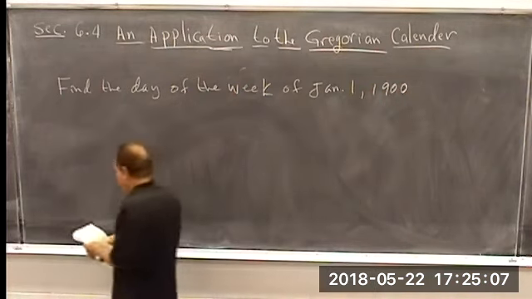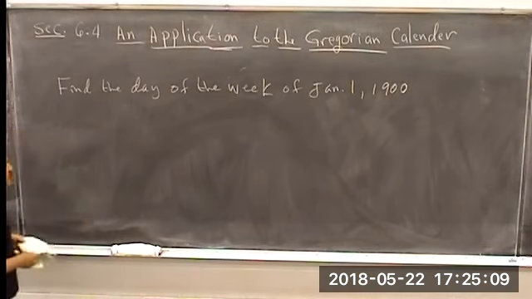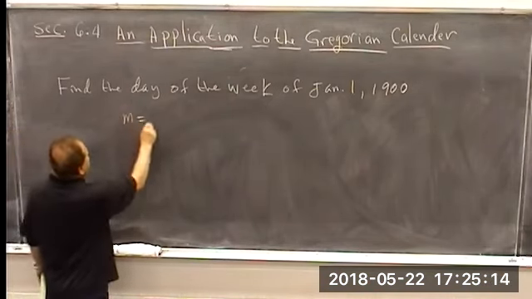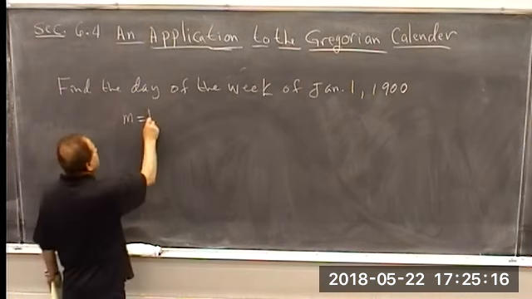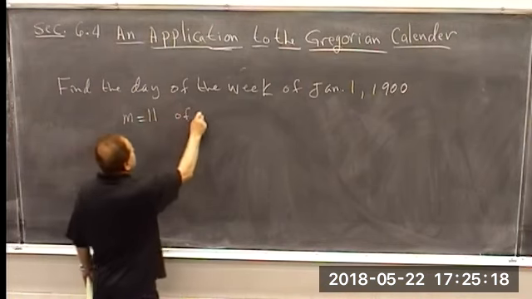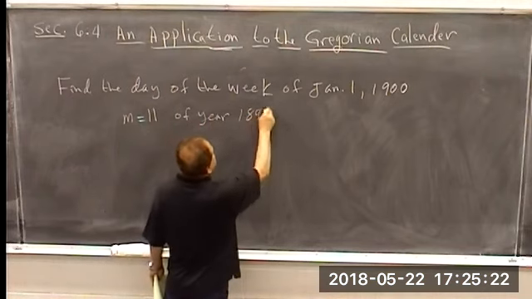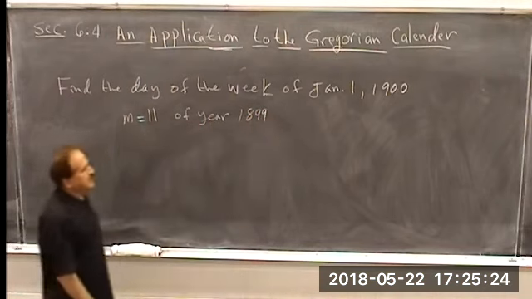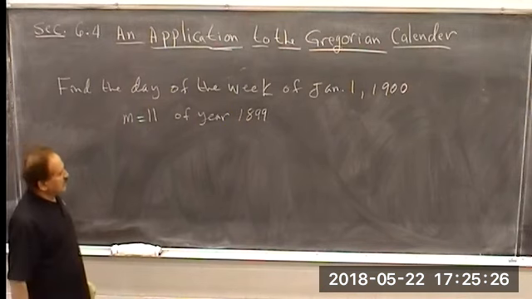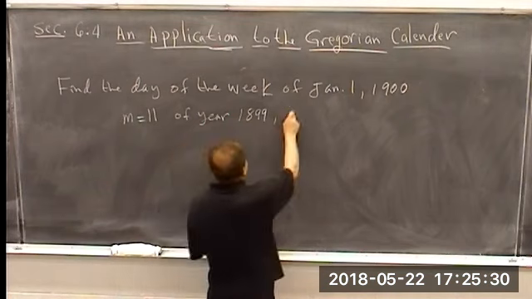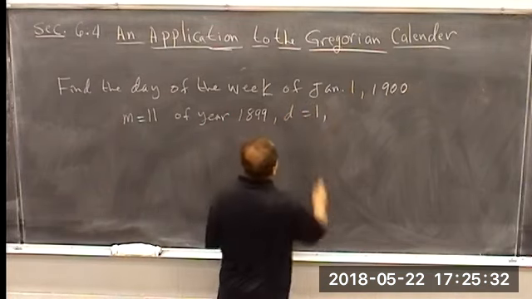All right, so the month in here is going to be 11 of year 1899. All right, so we have to go to the year before. All right, and the D is equal to 1.